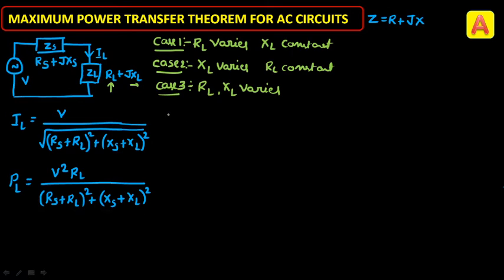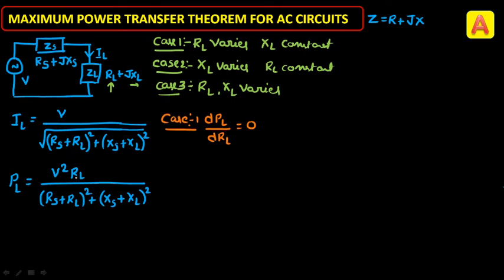In the first case, RL varies, so we have to differentiate the power demanded by the load with respect to RL and equate it to 0. This is the power demanded by the load.